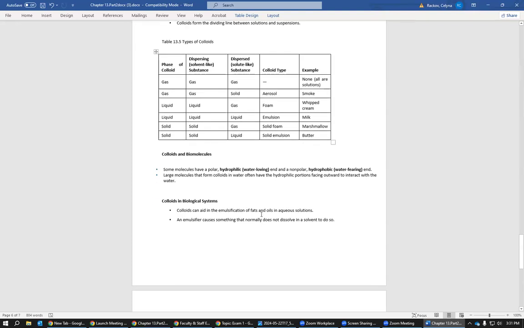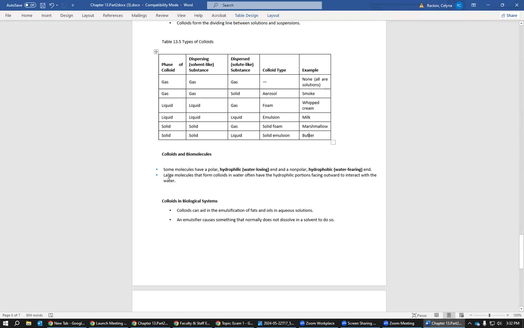Colloids and biomolecules. Some molecules are polar, right? Water is polar, for example. So polar molecules with water will have attraction, because like dissolves like. Hydrophilic means water loving.